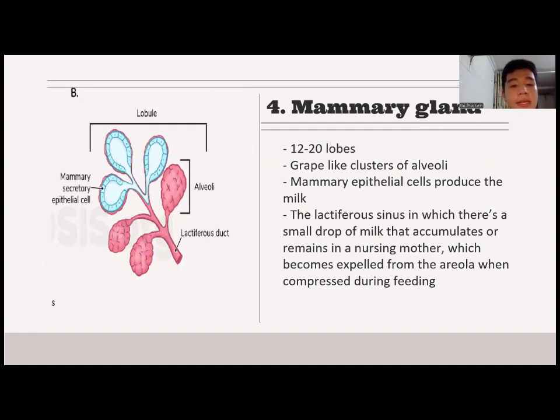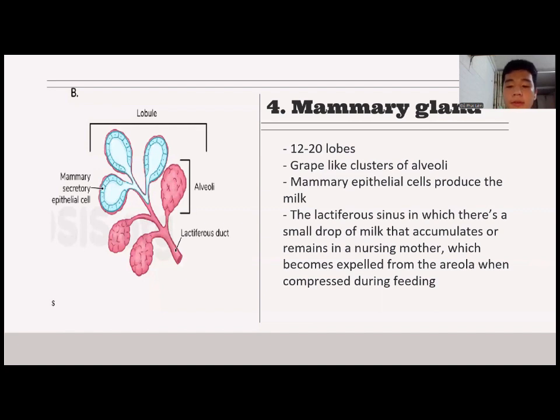Next are the mammary glands. Mammary glands are made up of 12 to 20 lobes, each of them containing many small lobules. These smaller lobules have grape-like clusters of alveoli that contain mammary secretory epithelial cells, the milk-producing cells of lactation.